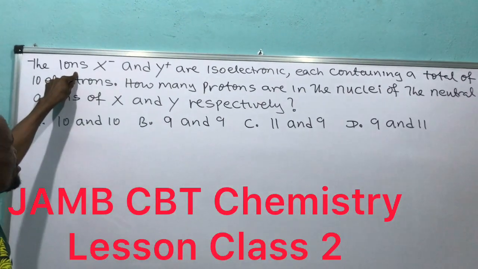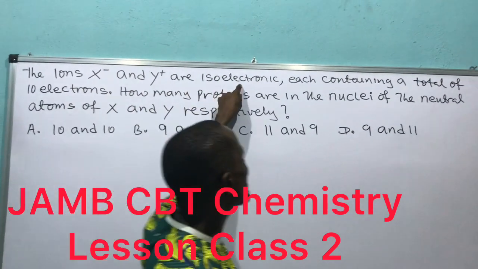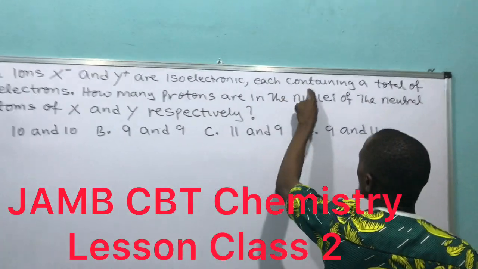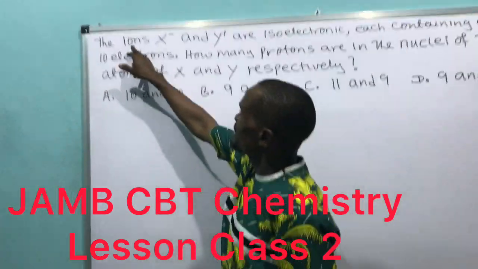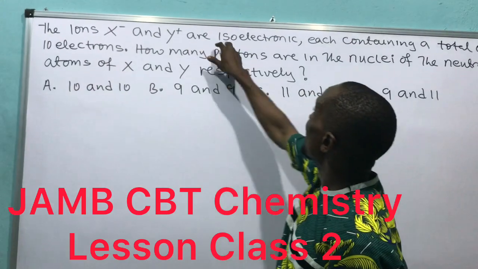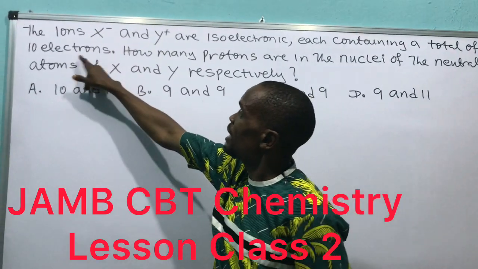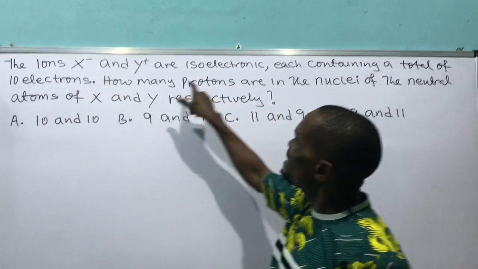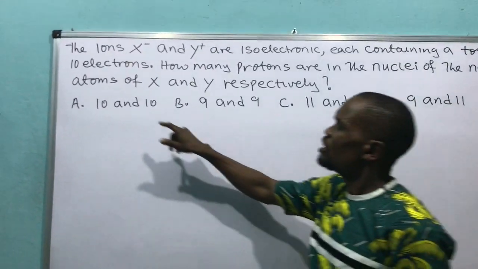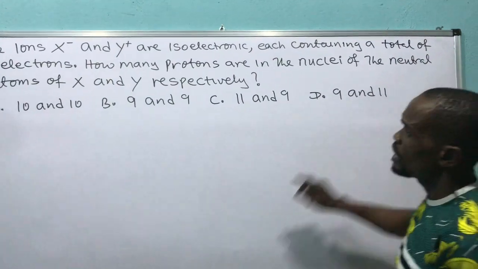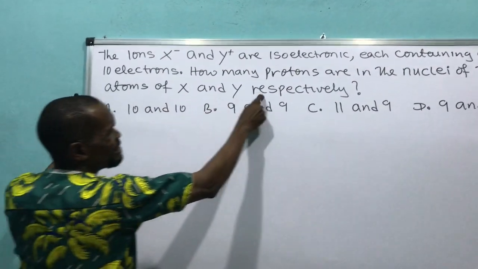That means the question: the ions X and Y are isoelectronic, each containing a total of 10 electrons. How many protons are in the nuclei of the neutral atoms of X and Y respectively?